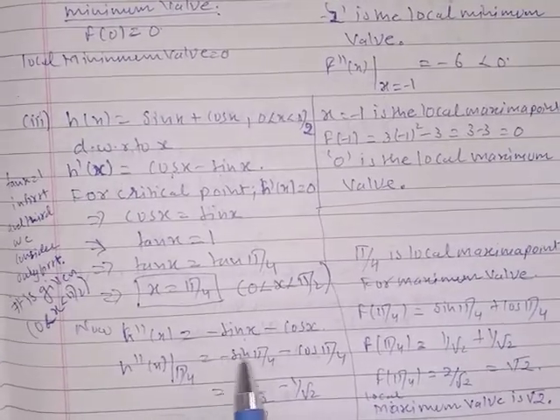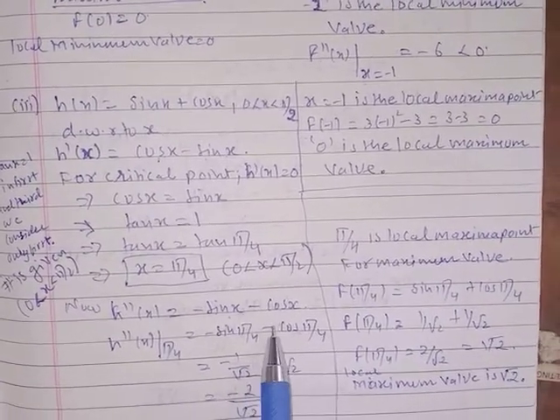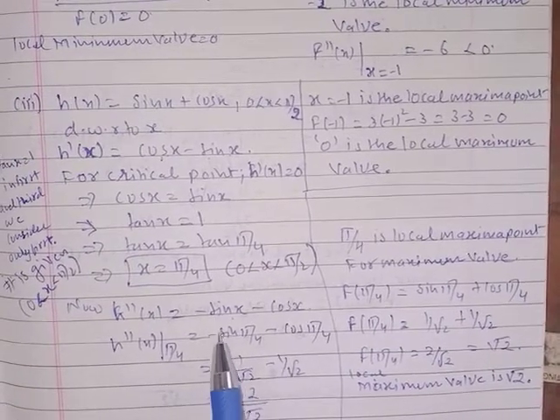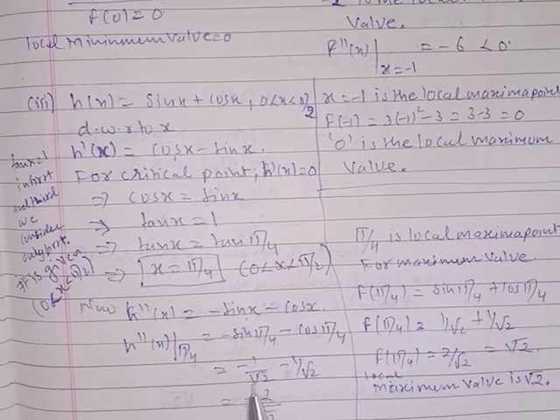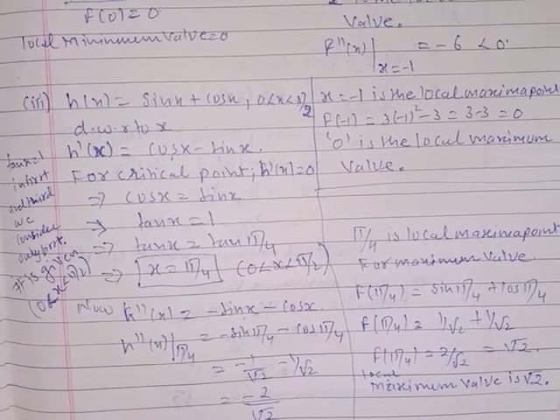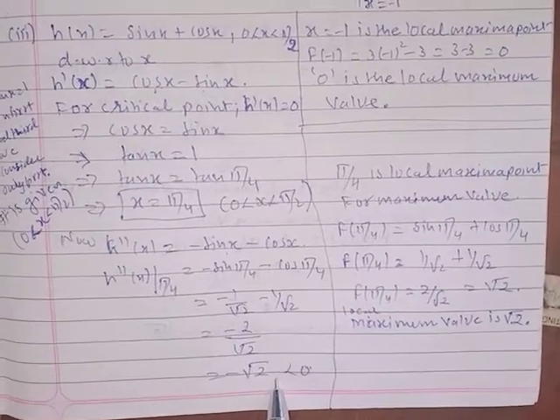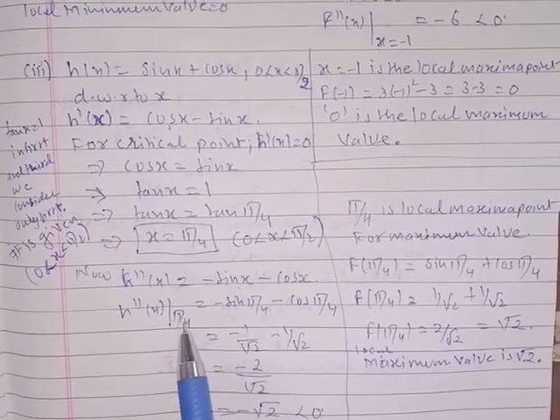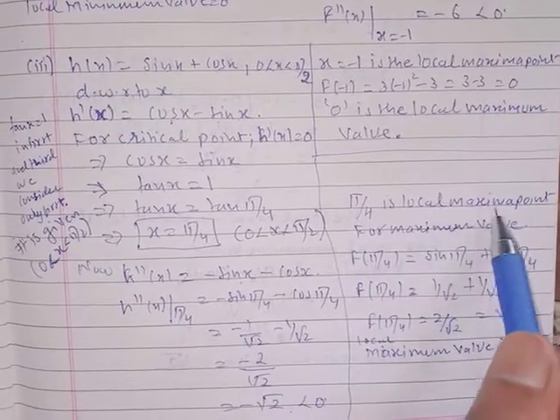Now h double dash of x is minus sin x minus cos x. Substitute the value, you will get minus root 2, which is less than 0. Less than 0 means what? It has a maxima point, at pi by 4. So pi by 4 is a local maximum point.